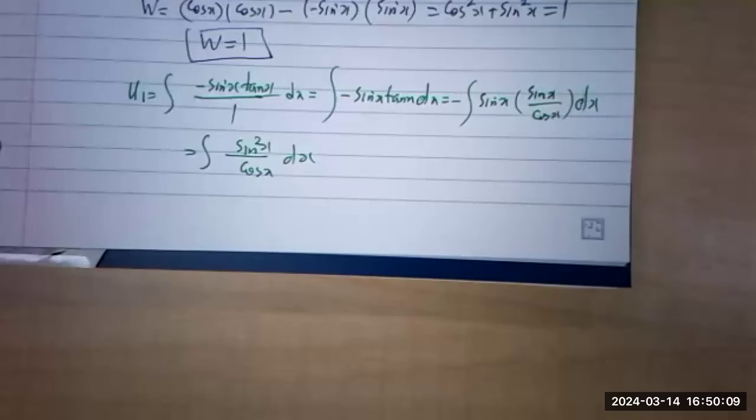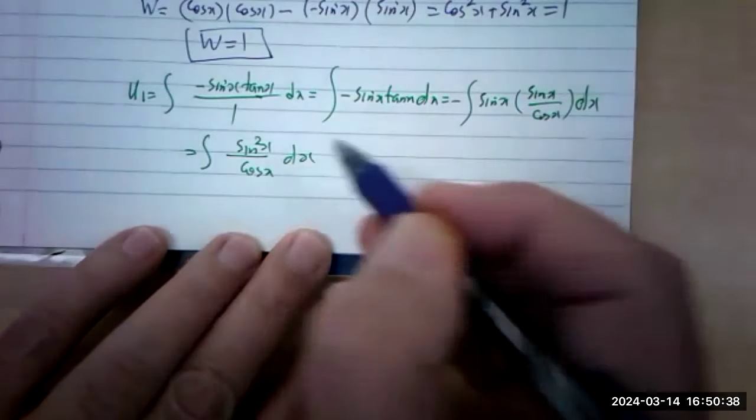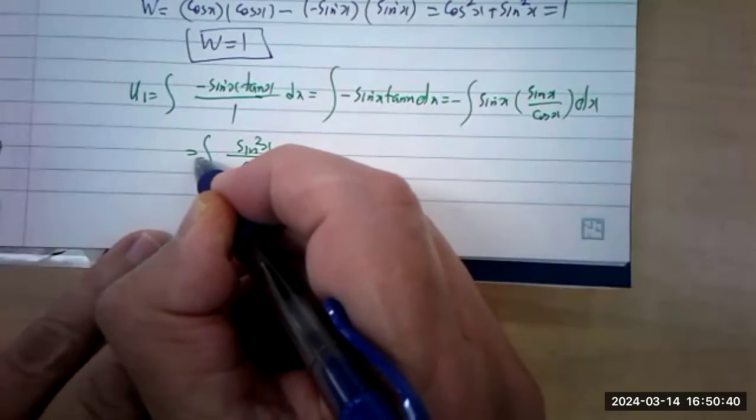Any suggestion? Yes, Pythagorean identity, change it to 1 minus cosine squared x. Yes, that's good. Sine squared is 1 minus cosine squared, to be able to break it first. So just apply the options that we have. There's a negative here, of course.